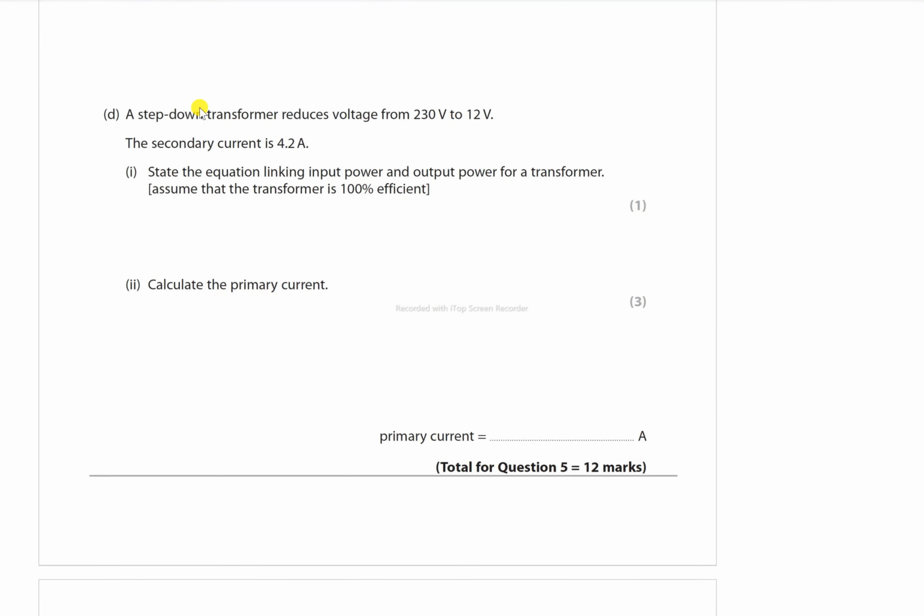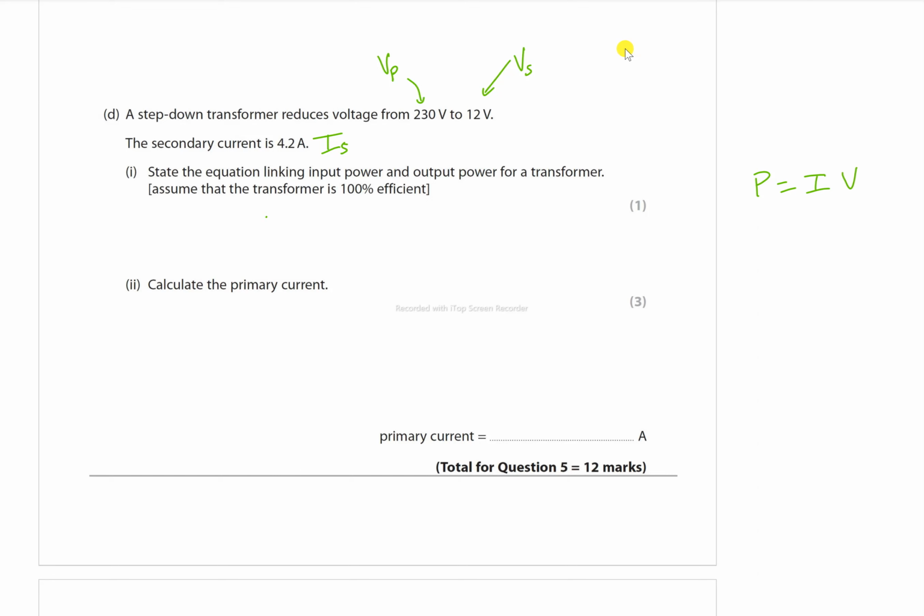Right, the step down transformer reduces from. So look, from is your voltage primary, to is your voltage secondary. The current secondary, IS. So we need an equation. So we said, all right, remember we said power equals PIV.